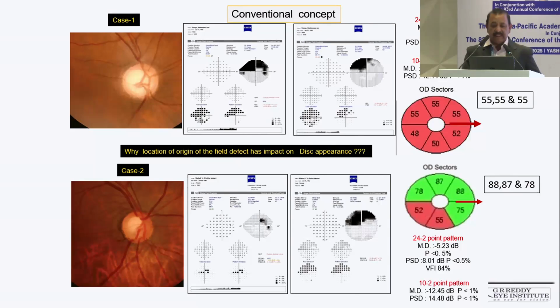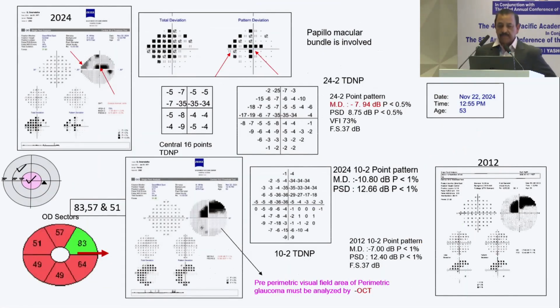Even if you see the GCC, the ganglion cell analysis OCT, at 78, 87, 88, the peripheral fibers are good, whereas in glaucoma starting from the periphery and becoming advanced, most of the fibers are atrophic, and we see the appearance of a pale disc.